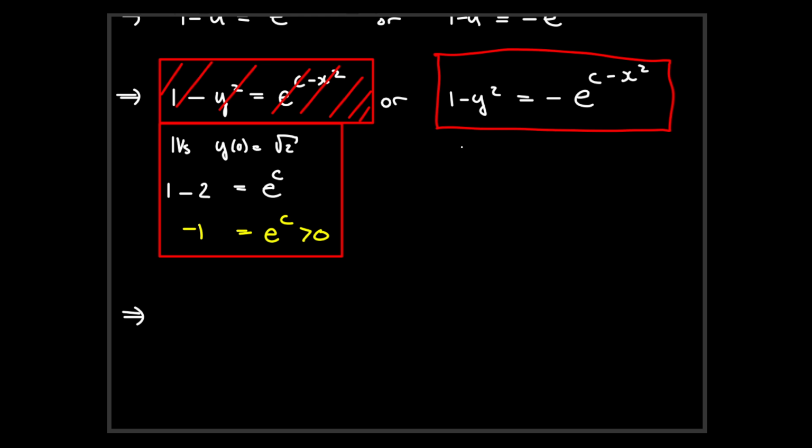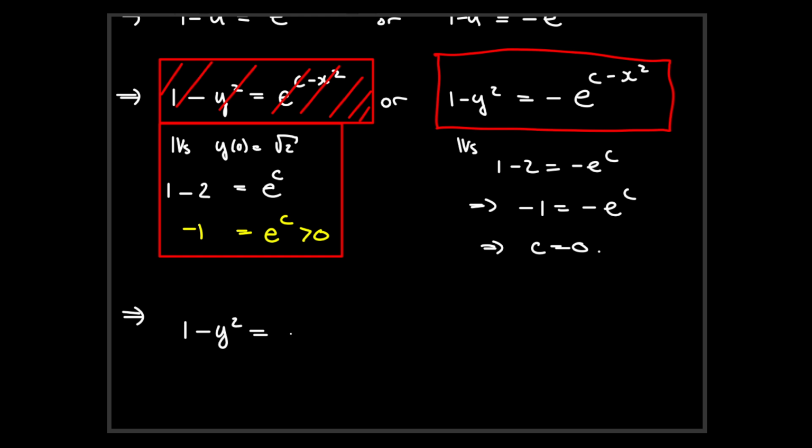And if I just plug in the initial values here, I'm just going to get, again, 1 minus 2 is equal to negative e to the c. And this will just mean that negative 1 is equal to negative e to the c. So that c is equal to 0. Okay, and that gives us our final solution, because now we can write 1 minus y squared is equal to negative e to the negative x squared.